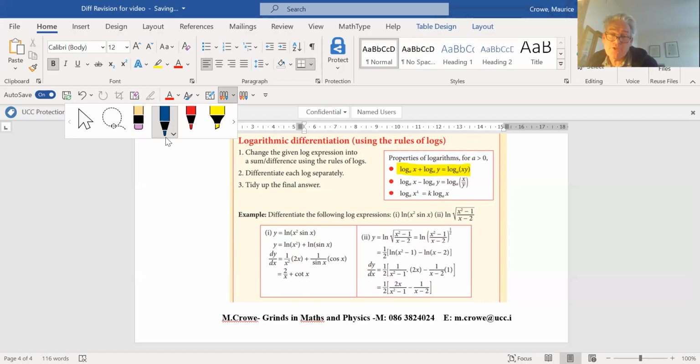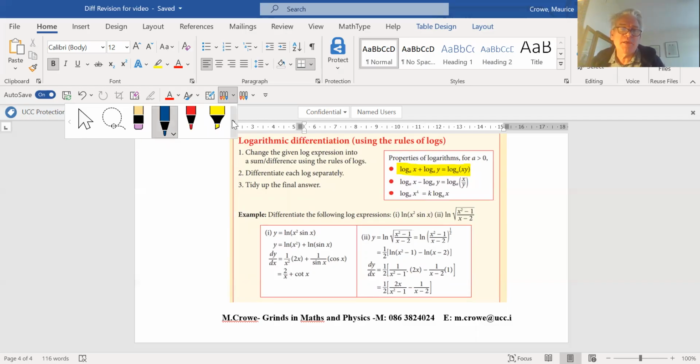The x will cancel the x underneath, you get 2 over x. And then 1 over sine, and sine goes to cos. So cos over sine is cotan. Tan is sine over cos, so cos over sine is the inverse of that, 1 over tan, which is cotan. A bit of trig there again.